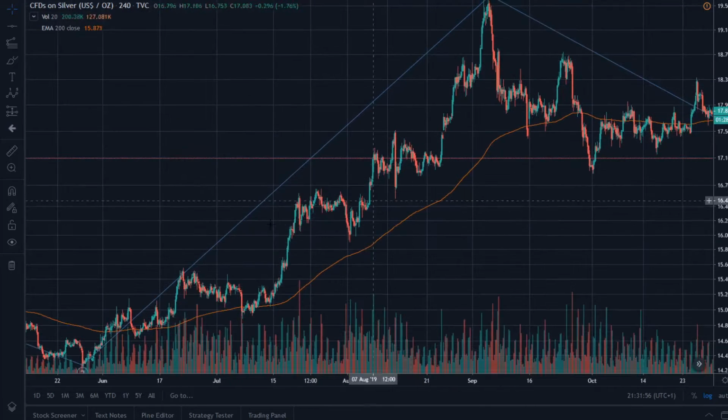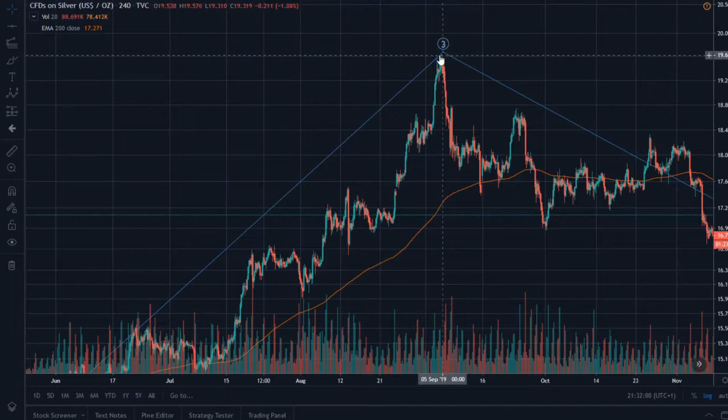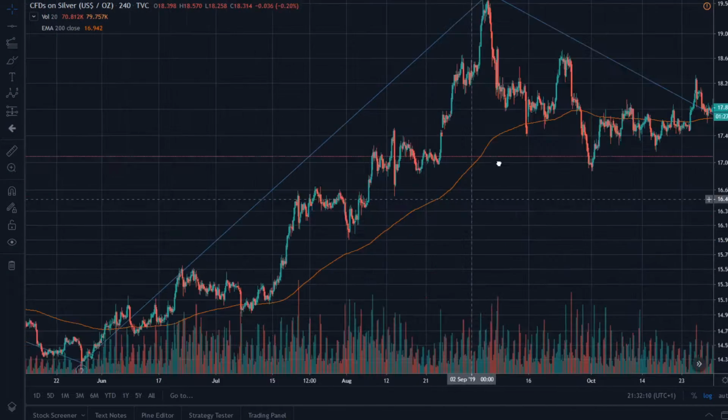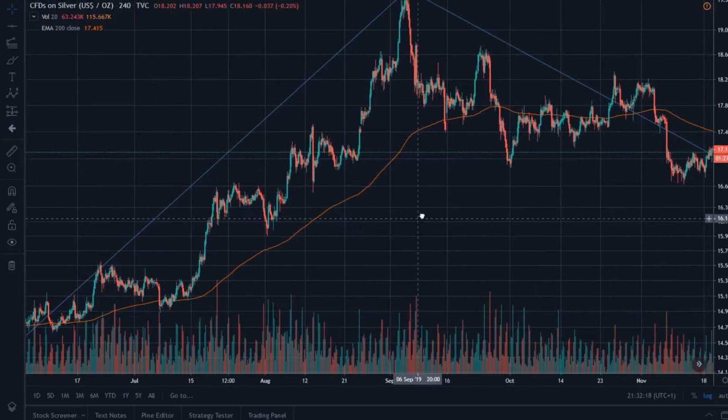This move represented this heightened tension and culminated in a silver high of $19.62 per ounce. I'm not entirely sure what the original target for wave 3 was, but I think it was in this region, so quite a significant extension.